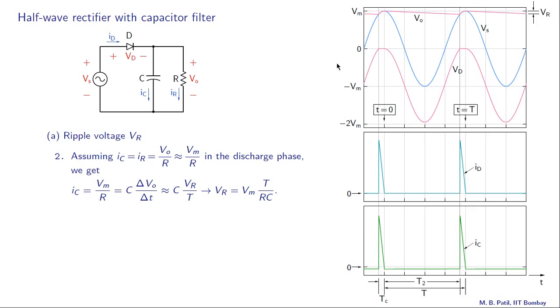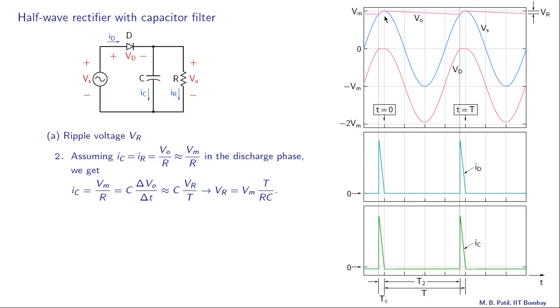And if we look at VO in the discharge phase, it falls linearly, and we have seen the condition for that to happen, that is the time constant RC is much larger than the period T of the input waveform.